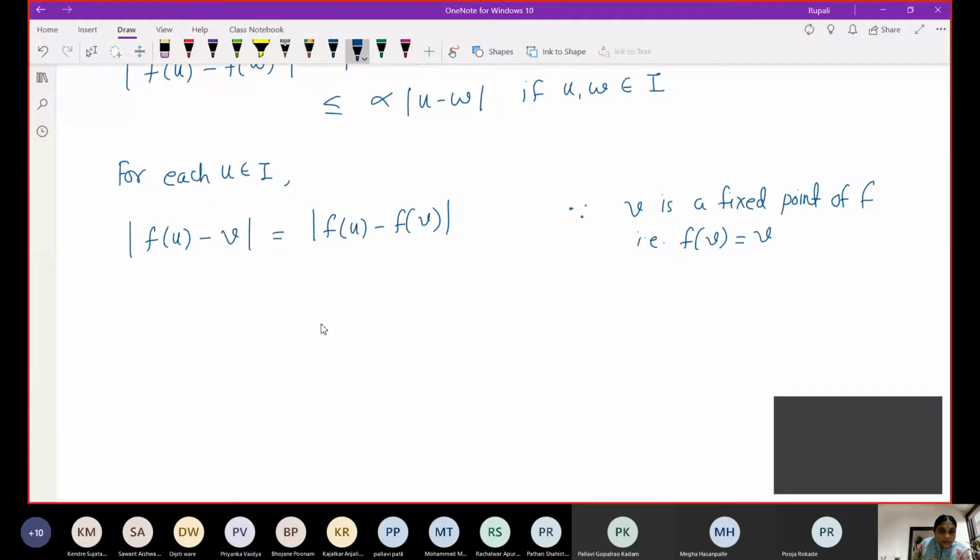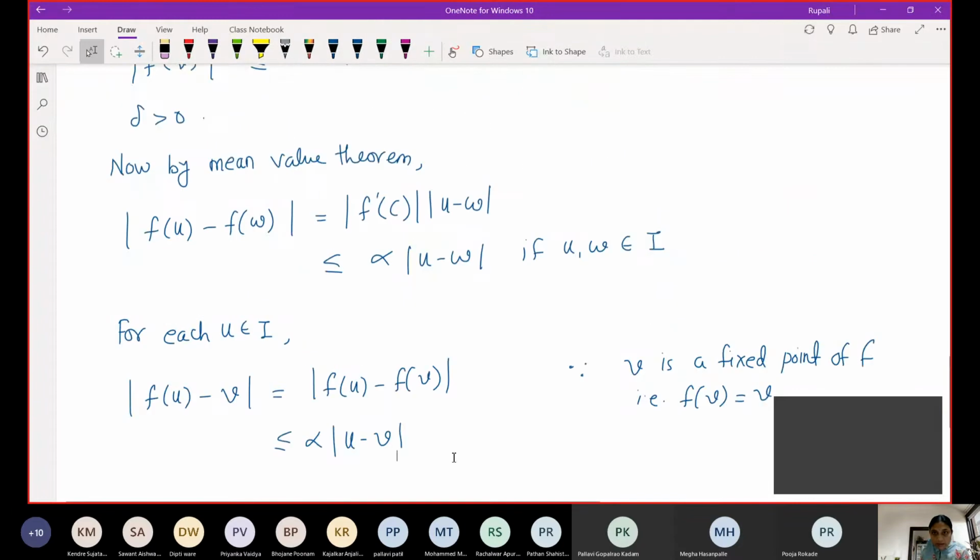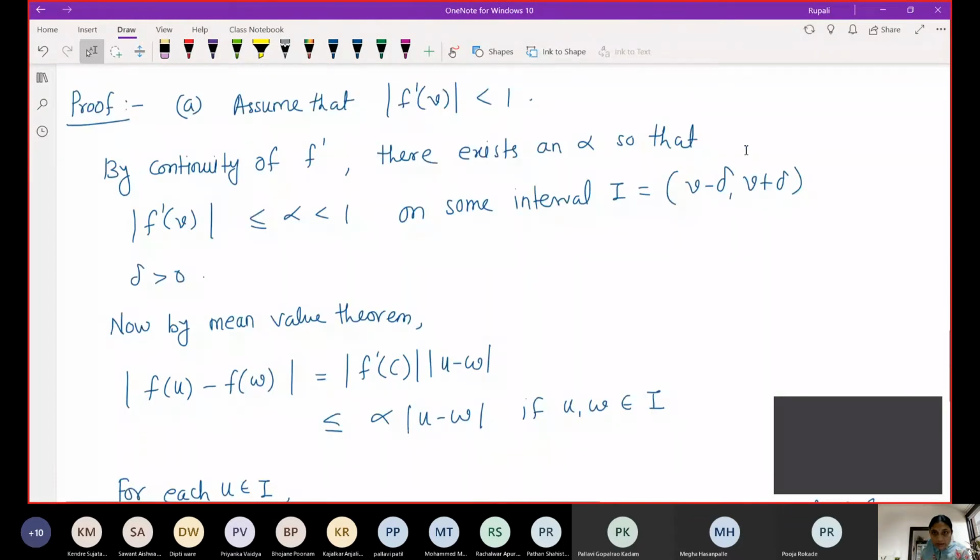So I can write mod of fu minus v as mod of fu minus fv, which is less than or equal to alpha times mod of u minus v, and this is less than delta because all points are in this interval I. What is that interval?